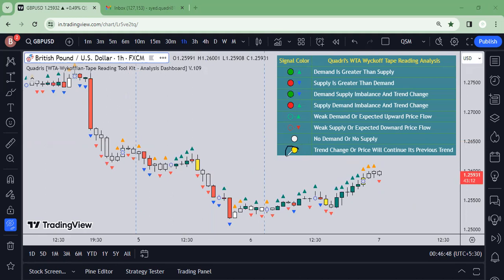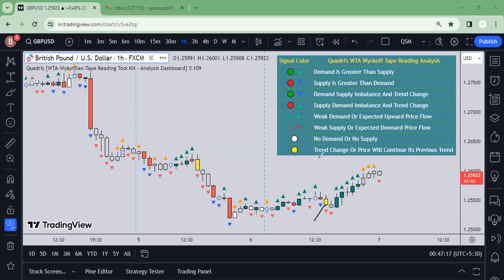Now, the last one, yellow color candles. Here also I have not taken into consideration the triangles, only the color. So what does this yellow mean, what analysis should we do, what conclusion should we come to, or what should be our interpretation of this one?